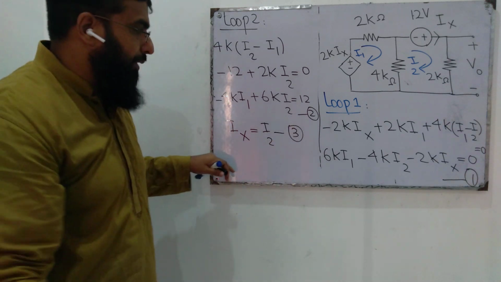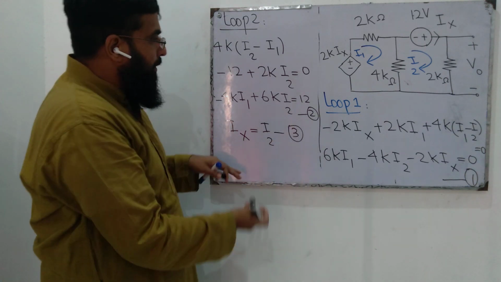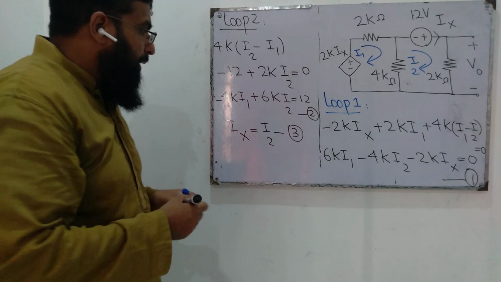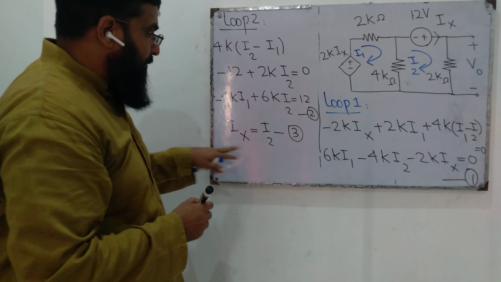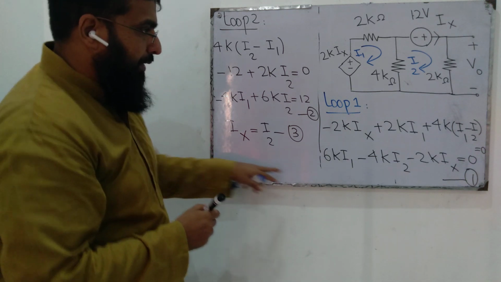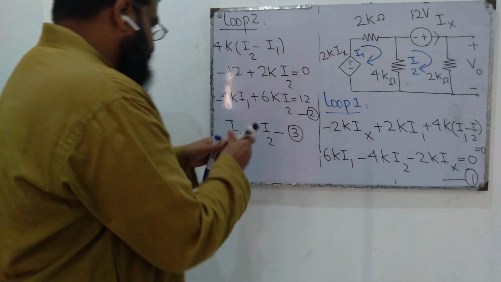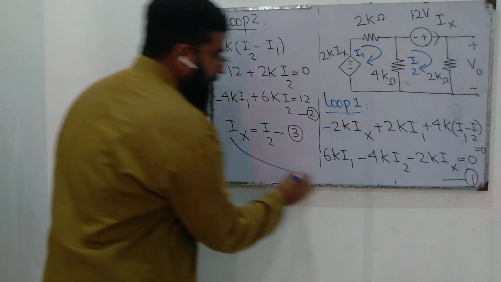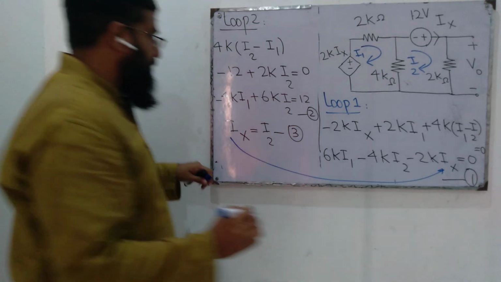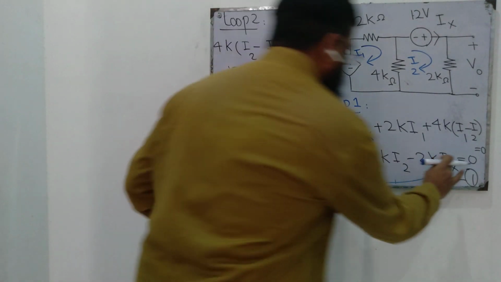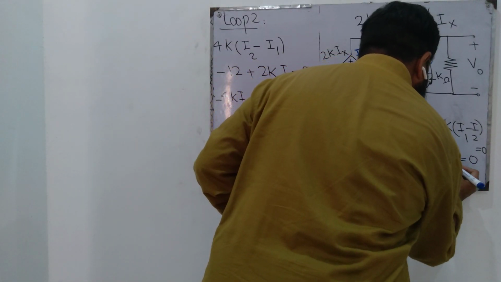Now we are almost done because we have three equations and three variables. Let's put the value of Ix where we find it, in equation number 1. Instead of Ix it becomes I2.